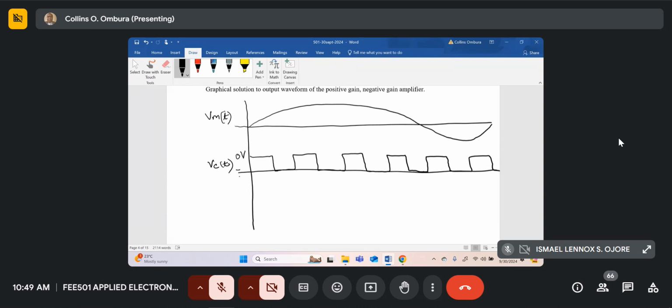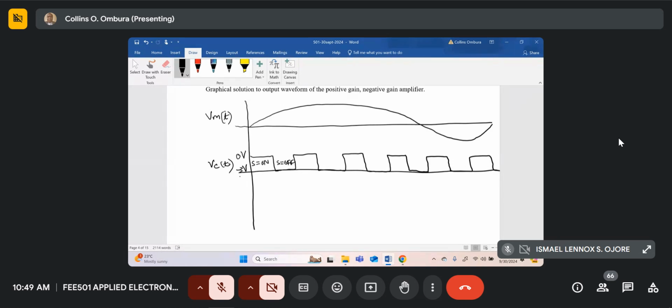Let's assume it's -3 volts, V pinch-off. So it means here the FET, the switch, this implies S is on here. Here S is off. I'll just put for those two cases. And of course, it will repeat across.